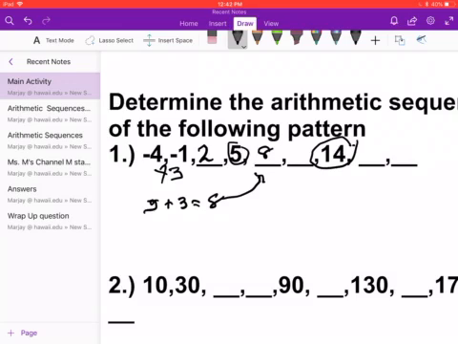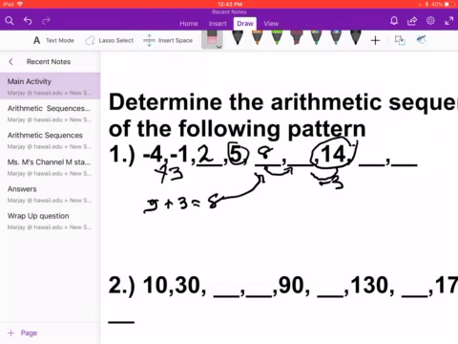If we are adding in order to get the next number, then how can we know the previous number if we are given the next number? Right, so you can subtract 3 to get from 14 to the previous number, or add 3 from 8 to get to the next one.